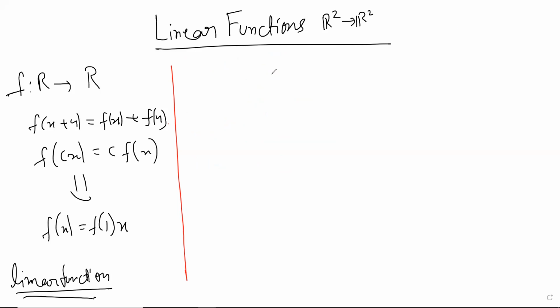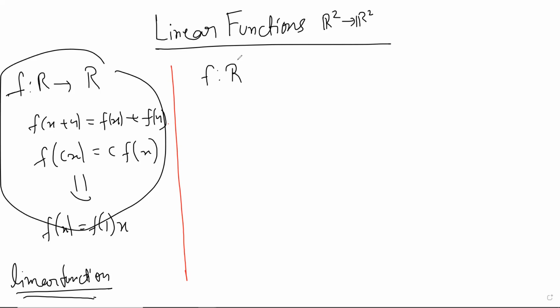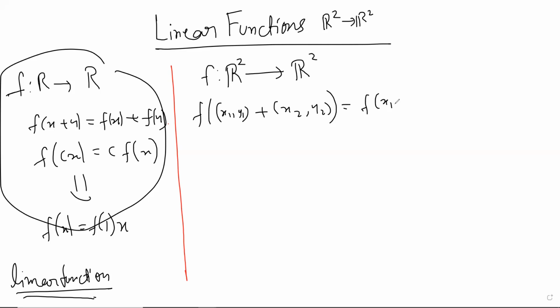But now the question is, if we just copy this question but make it from R2 to R2, maybe some of you would have thought about this. Tuples of numbers, you can write these as vectors. You can write it in any way you want, but maybe we can keep it simple. It takes in pairs of numbers and goes to pairs of numbers.